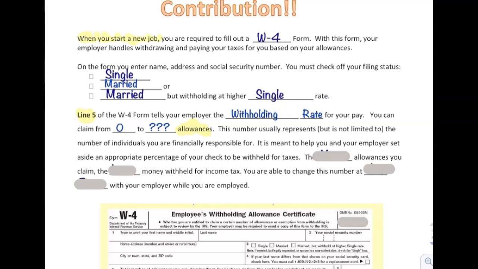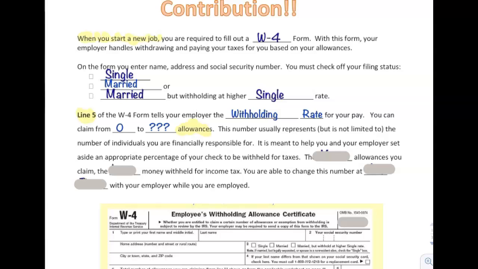So if you put 0, that means you're taking care of nobody, not even yourself. Maybe someone's providing for you. And if you're taking care of nobody, you're going to have a certain amount taken out of your paycheck because you're going to owe a certain amount at the end of the year. If you had 4 children and you were single and you were taking care of yourself, you might claim the number 5 right here.